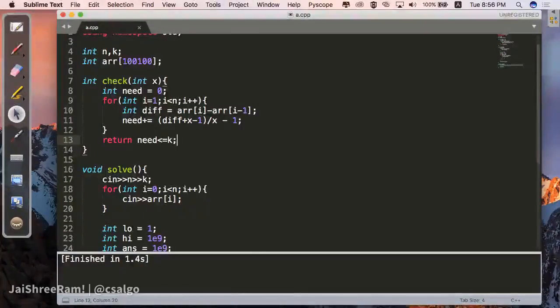Make sense? If the sum of the number of points needed in each of the individual gaps to make the distance less than or equal to x is less than or equal to the number of points allowed to us, then it's possible, or else it's not possible, right?